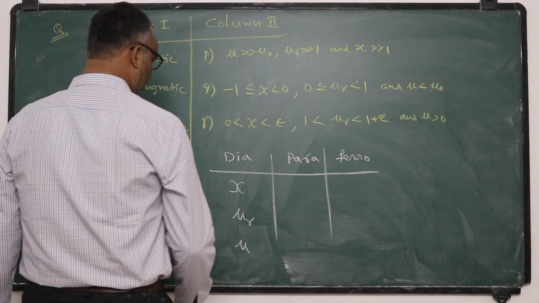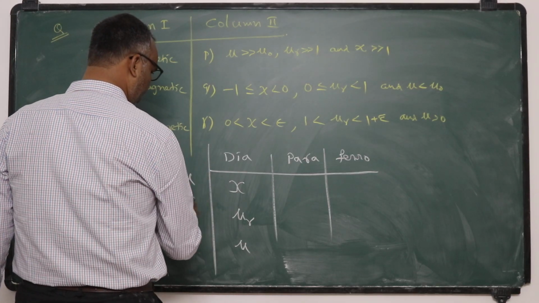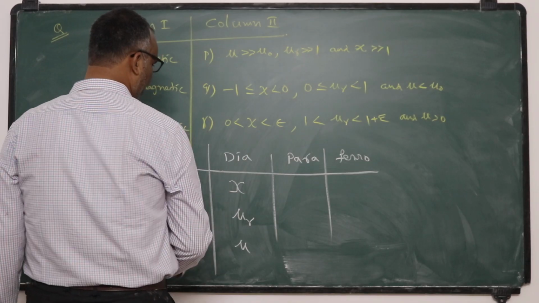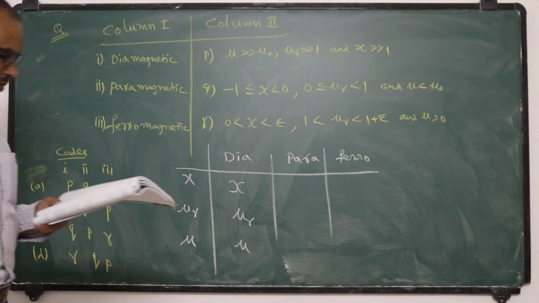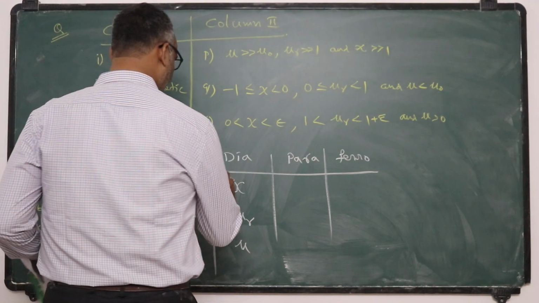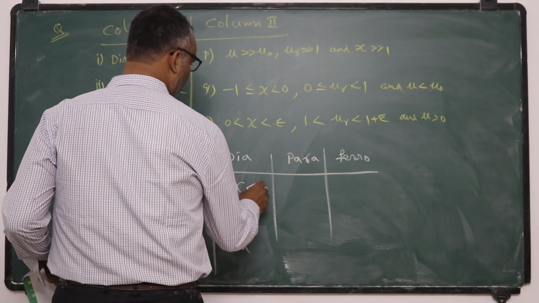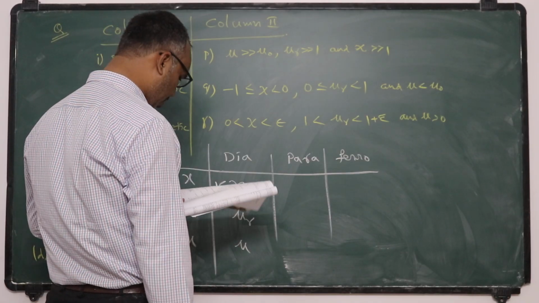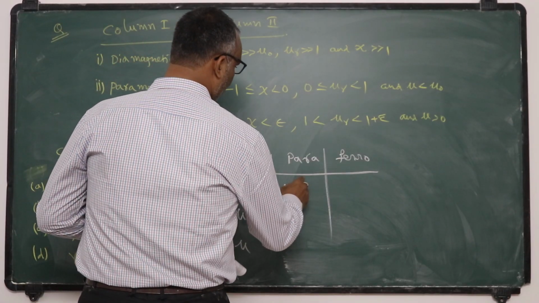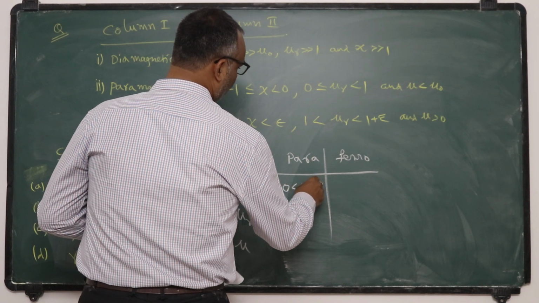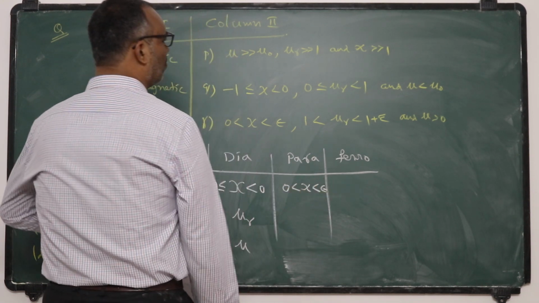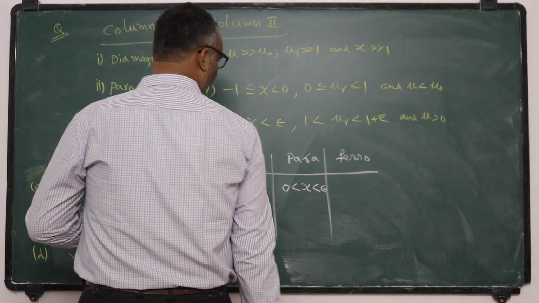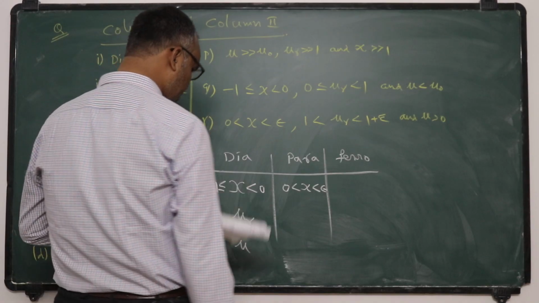In case of diamagnetic substance, susceptibility will be between -1 to 0. Whereas in case of paramagnetic substance, susceptibility is small and positive, like epsilon naught value.